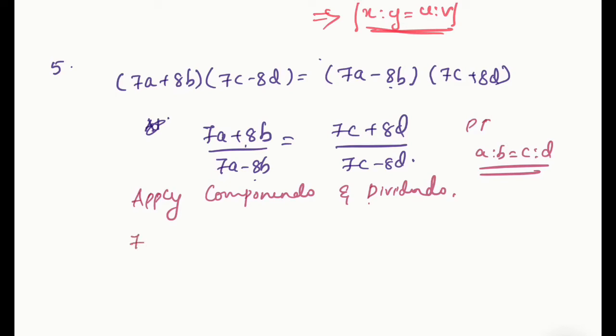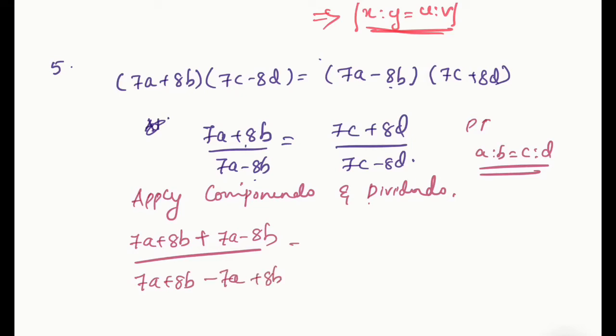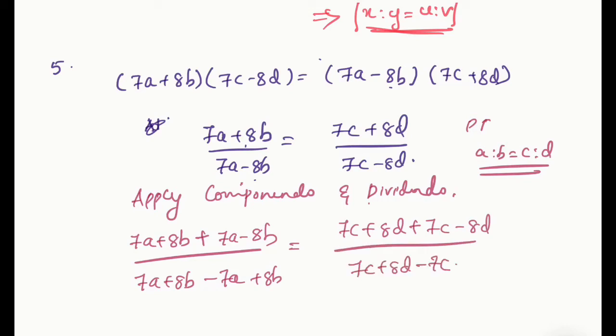So when I apply componendo and dividendo, what do I get? (7a + 8b + 7a - 8b) by (7a + 8b - 7a + 8b). Here I will directly substitute: minus 7a, minus into minus will become plus 8b, equal to (7c + 8d + 7c - 8d) by (7c + 8d - 7c + 8d).